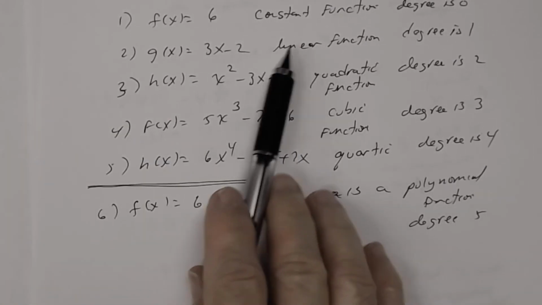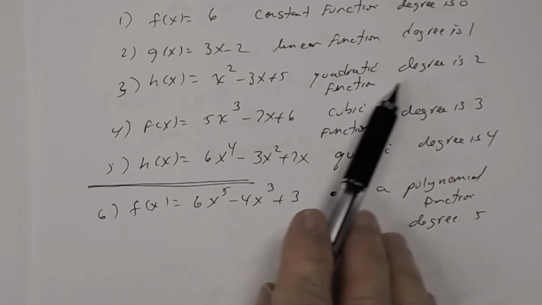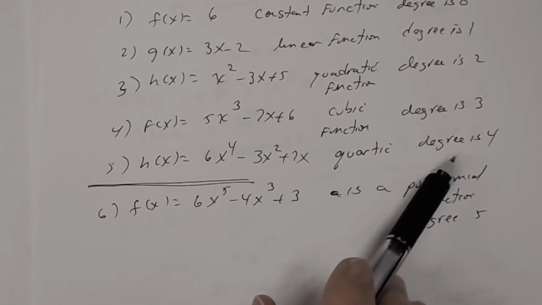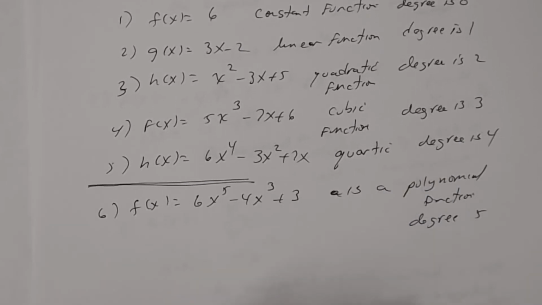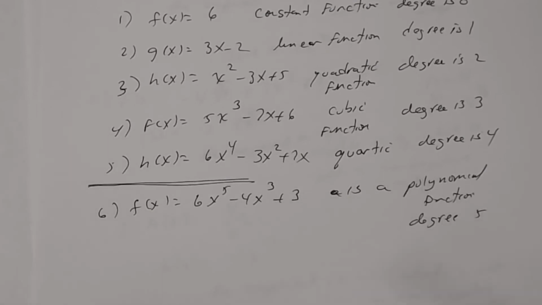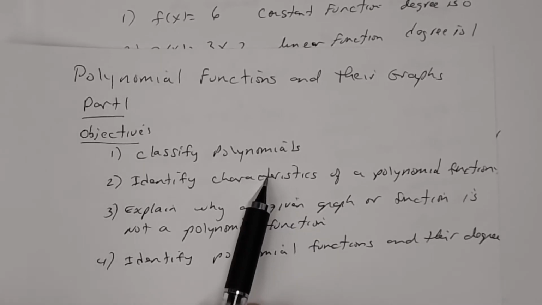So constant function, degree 0; linear function, degree 1; quadratic function, degree 2; cubic function, degree 3; quartic, degree 4. We don't have any names for the others. If you were asked the name of this function, you would just say it's a polynomial function with degree, in this case, 5. So that's classifying polynomial functions.